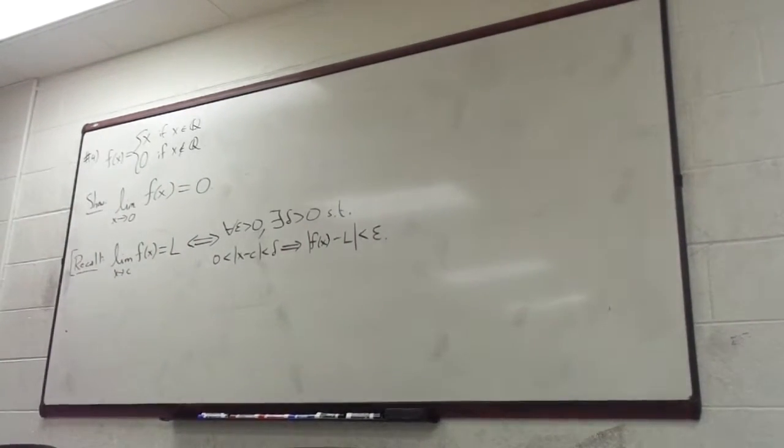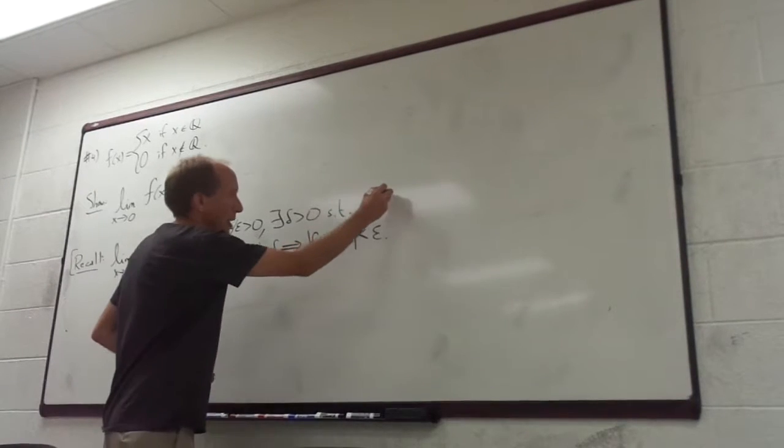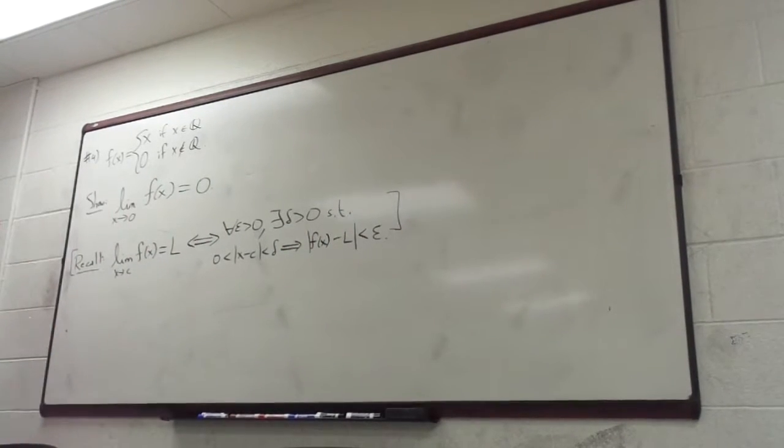So something along those lines. So this is just recalling the definition. So in this problem, of course, c is 0 and L is 0. Okay? c is 0 and L is 0.